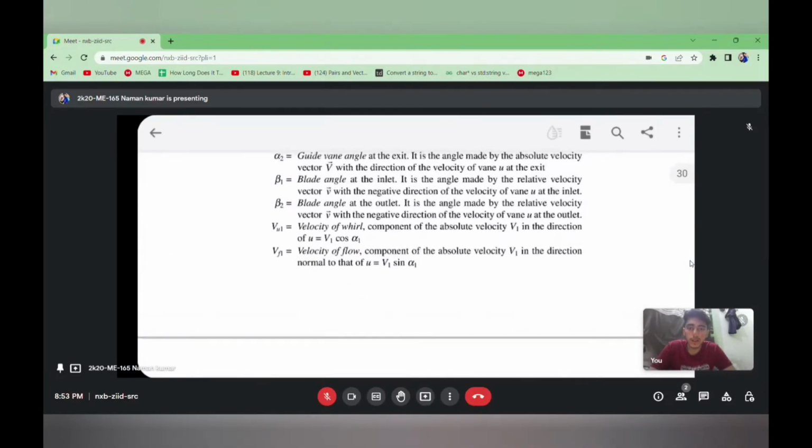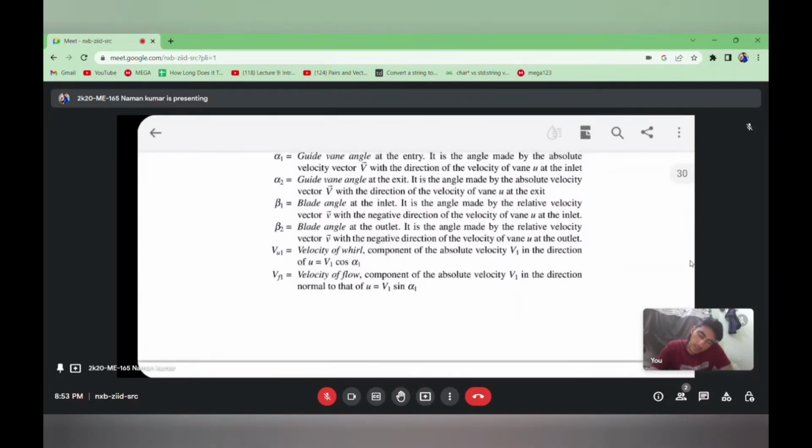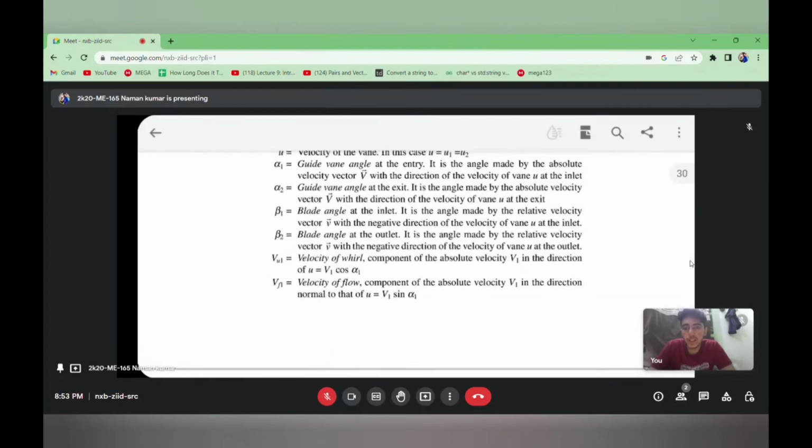Basically Vf1, velocity of flow, component of absolute velocity in the direction normal to that of U, is equal to V1 sin alpha.